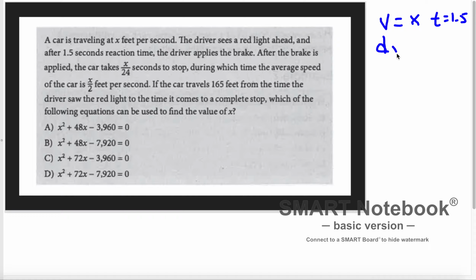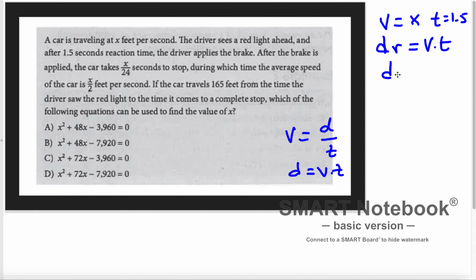So the reaction distance we can write equal. But before I go here, just let me give one of the formula here for the velocity or speed in this case. This is a distance divided by time, but distance is going to be v times t. And now the reaction distance is going to be v times t.